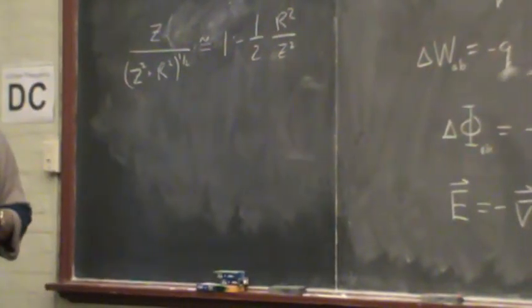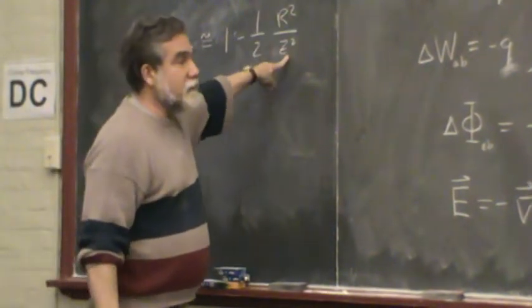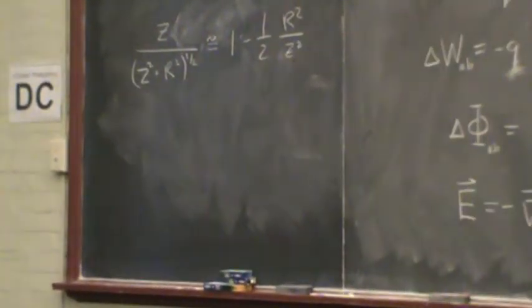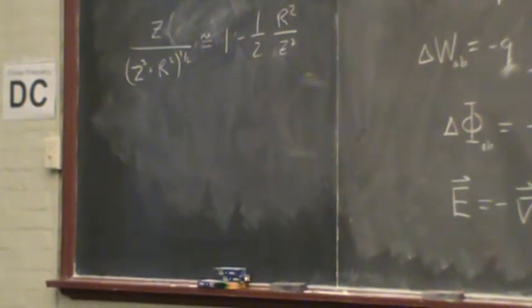And 1 minus 1/2 r squared over z squared, the 1 cancels out. I'm just left with r squared over z squared.